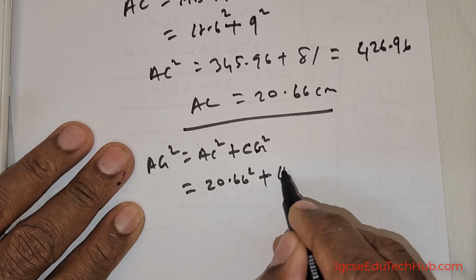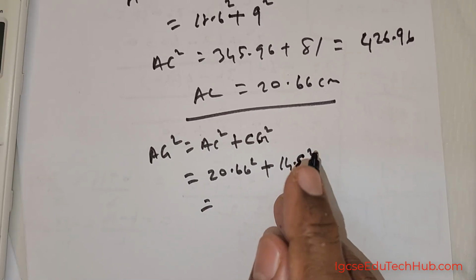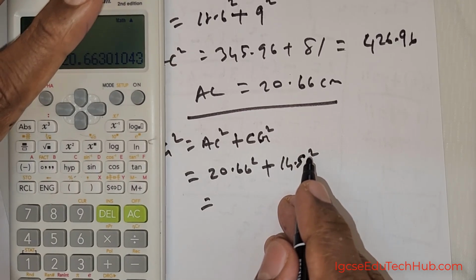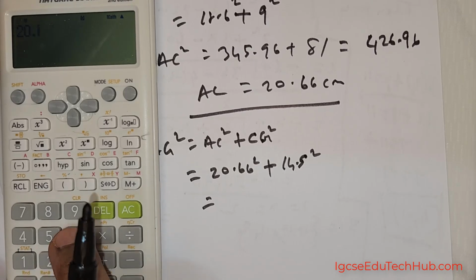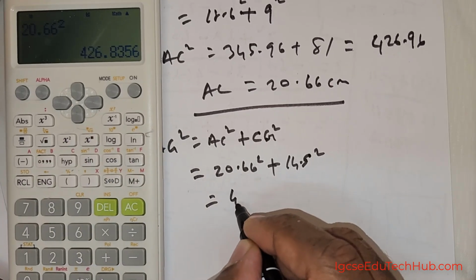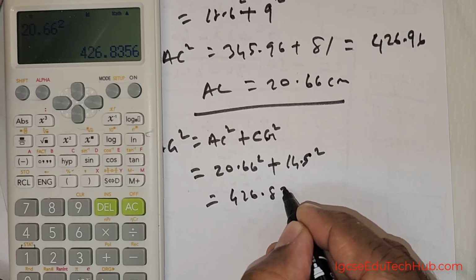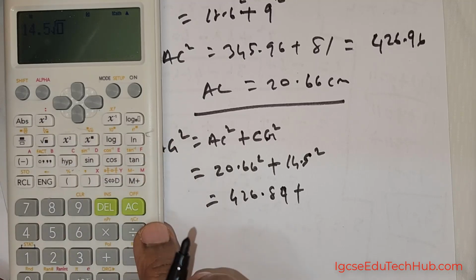CG squared is 14.5 squared. Now what is this? This is 20.66 squared, which is 426.84, and 14.5 squared.